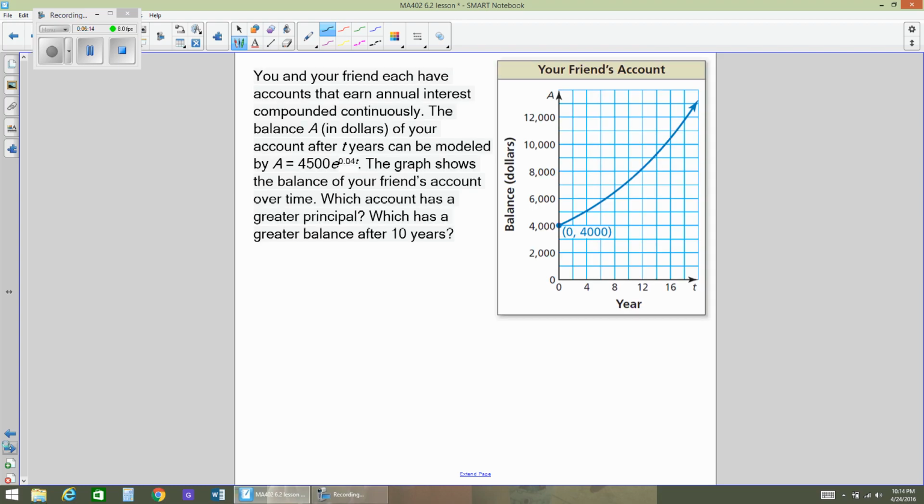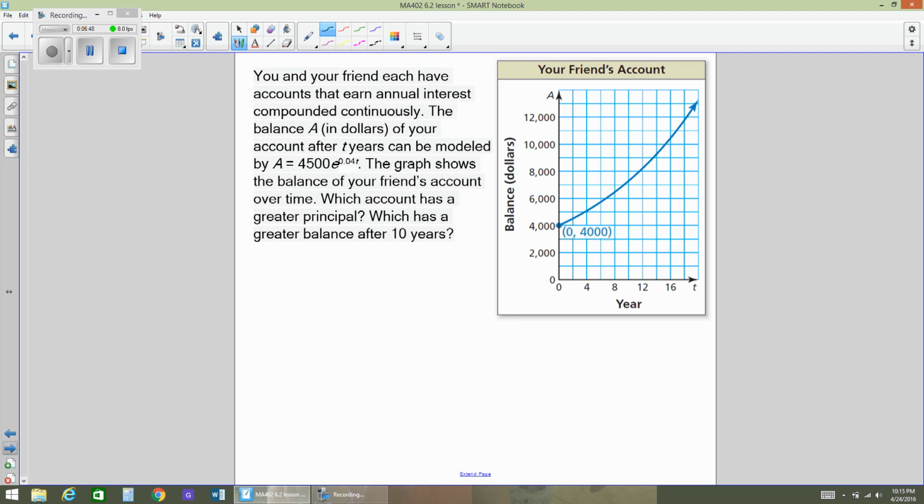All right, you and your friend have accounts that earn annual interest compounded continuously. The balance A in dollars of your account after t years is modeled by A equals 4,500 times e to the 0.04t. So yours is that equation. The graph, however, is the balance of your friend's account over time. And they want to know which account has a greater principal.